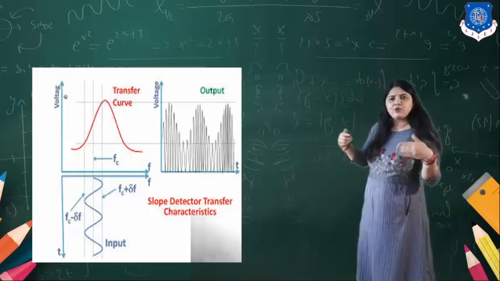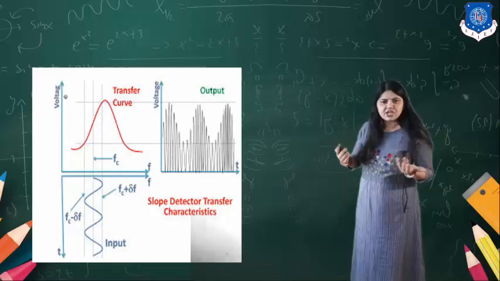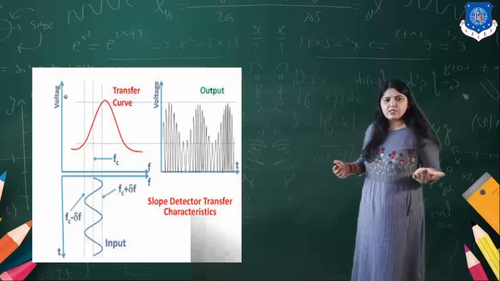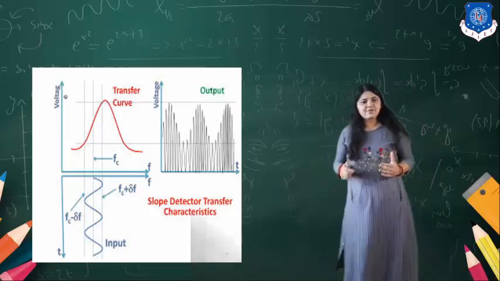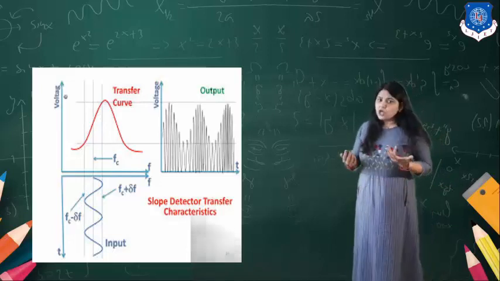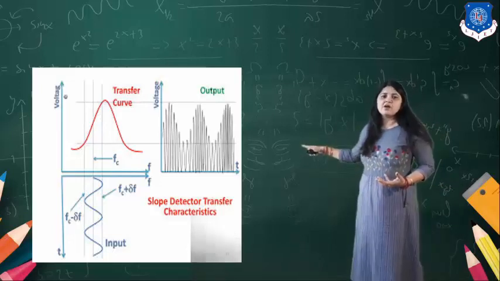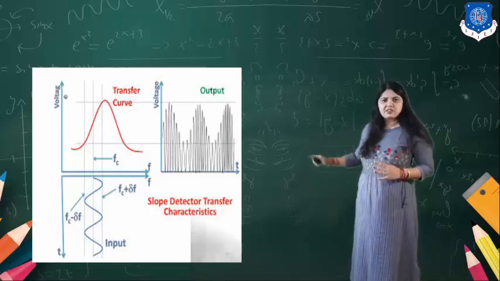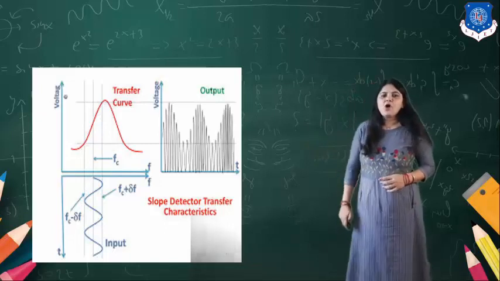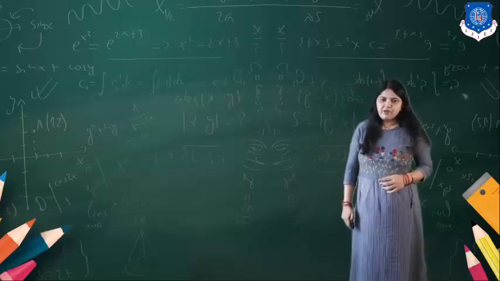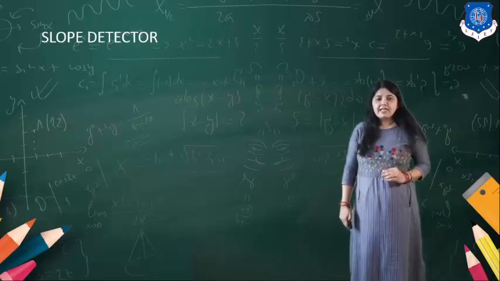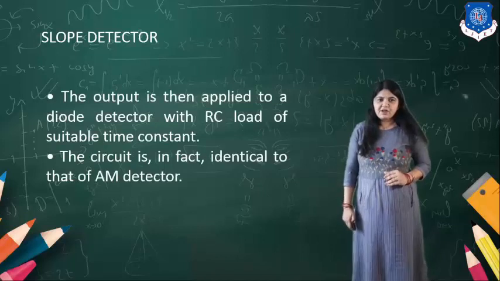When the capacitance value is changed, the frequency changes. So we determine the change in frequency, that is Fc plus delta F and Fc minus delta F, and according to that we find the variation in amplitude, and we can detect the slope of the particular wave. This gives us the output, that is, the original information.